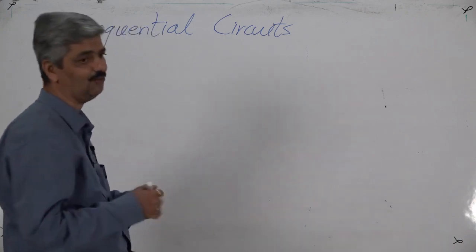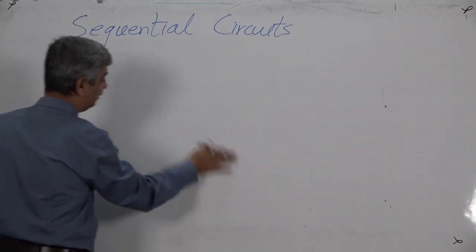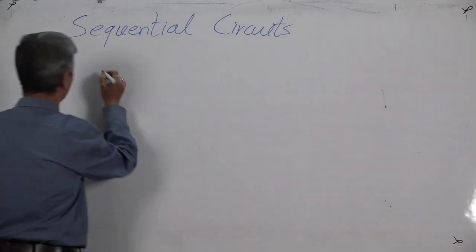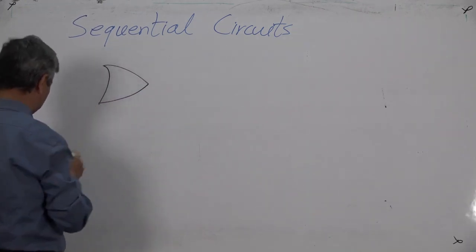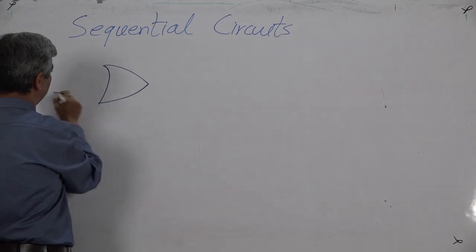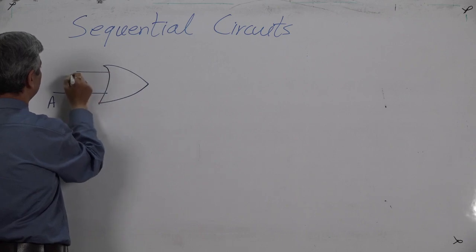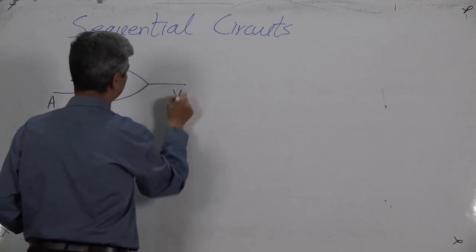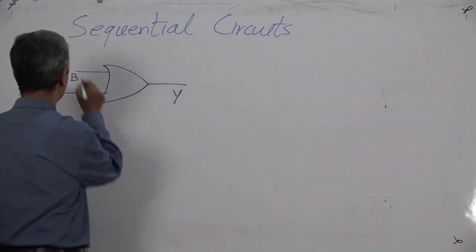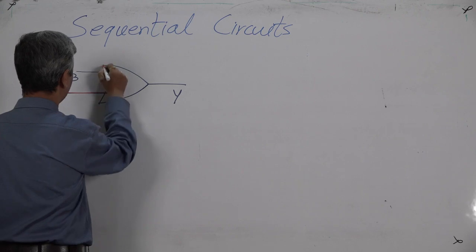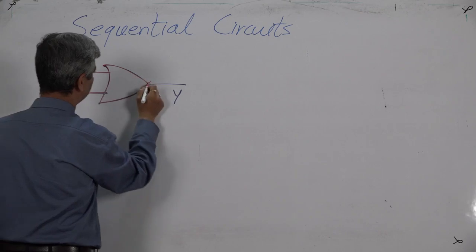So, if feedback is allowed, we can discuss various circuits, and the simplest of these is one OR gate, a single gate. A single OR gate we consider, with two inputs, input A and input B, and output Y. I draw it again clearly: an OR gate which has two inputs and one output.